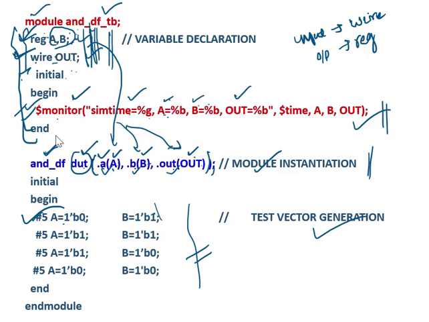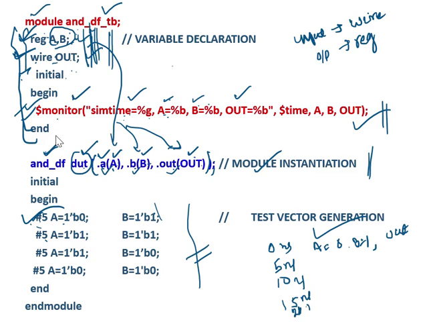So whenever you write $time equal to %g, first it will be 0 nanosecond. Then A equal to 0, B equal to 1. Then what will be the output? Then what happens at 5 nanosecond? What happened at another 5, means 10 nanosecond? Then 15 nanosecond? Then at 20 nanosecond, what happened?